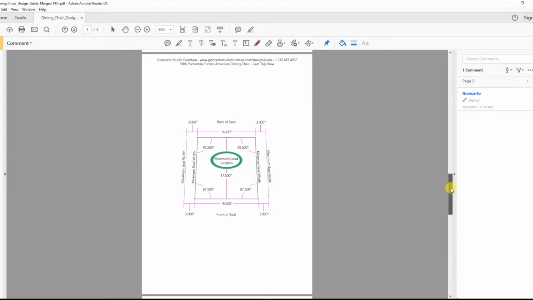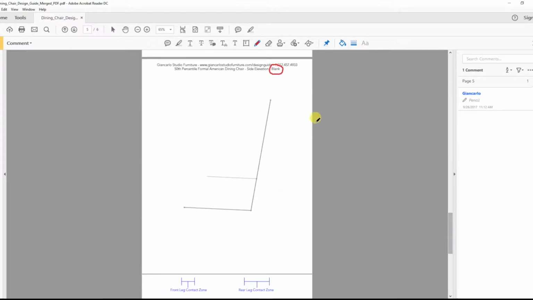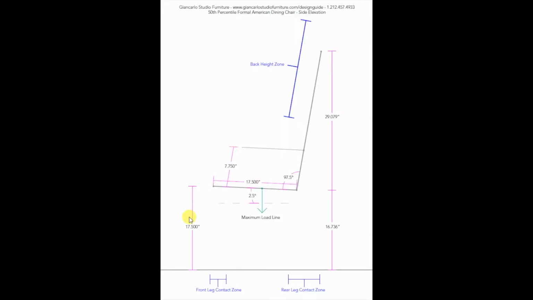The first page is for reference and serves to provide standard dimensions, constraints, and information. The second page is marked with the word blank and serves to provide a blank canvas for easy sketching and modeling. Let's begin with the side elevation.